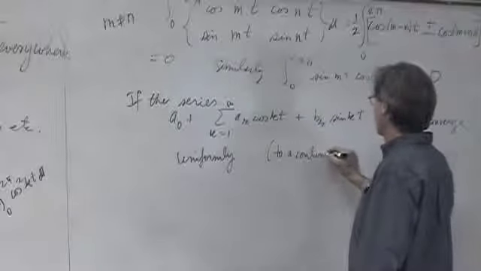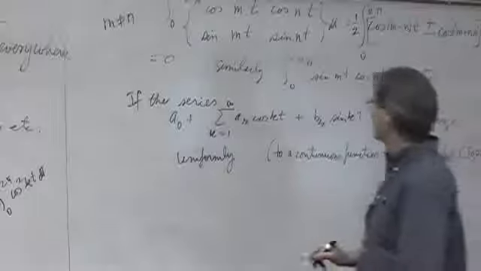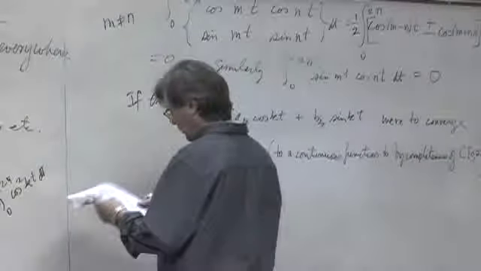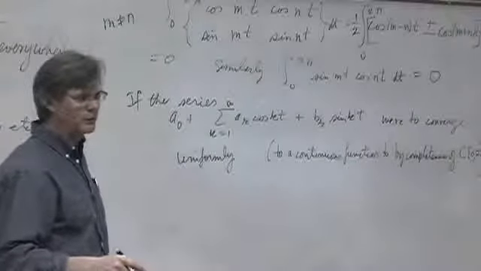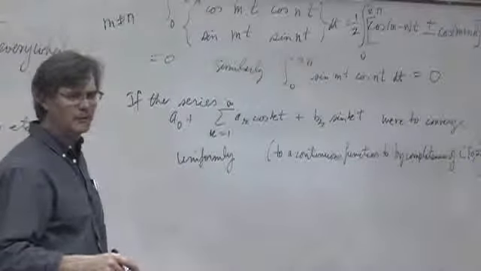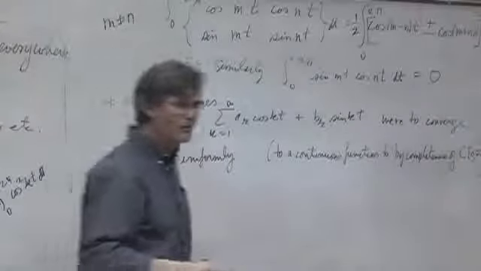Continuous function by completeness of C[0, 2 pi]. Okay. Then what could we do? Then you could integrate term by term by uniform convergence. That's a theorem from Math 532, for the good old Riemann integral.